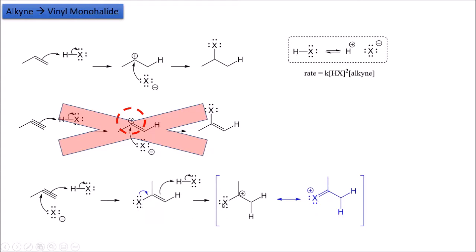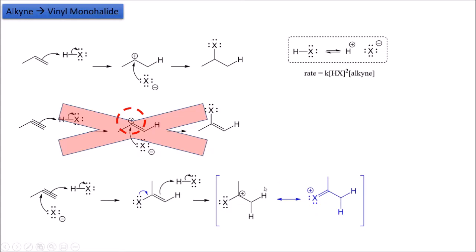That's this blue arrow right here. And if you can show an arrow pushing mechanism to make one of your resonance structures, it is equally correct to show an arrow pushing mechanism to get to the other resonance structure. The resonance delocalization of the positive charge from the carbocation to the halogen stabilizes the carbocation better at this carbon as opposed to this primary carbon over here.